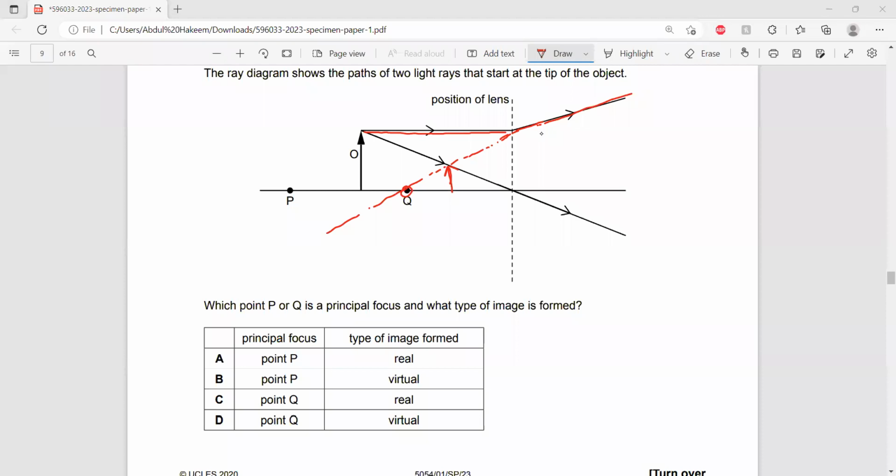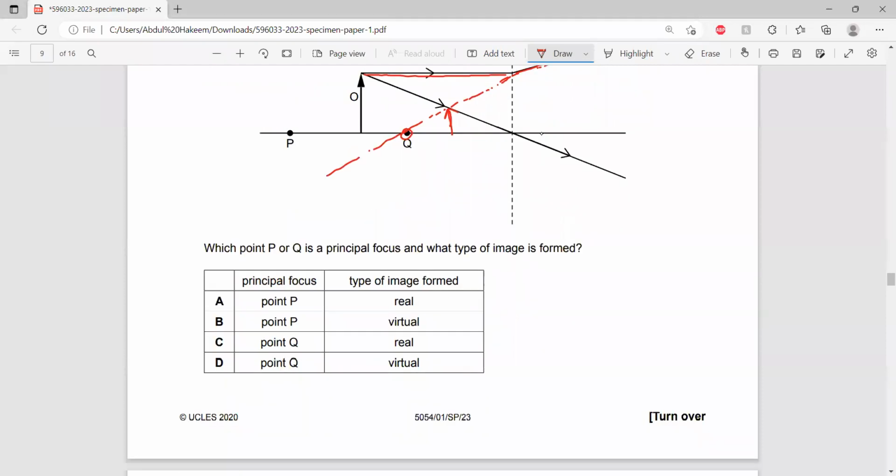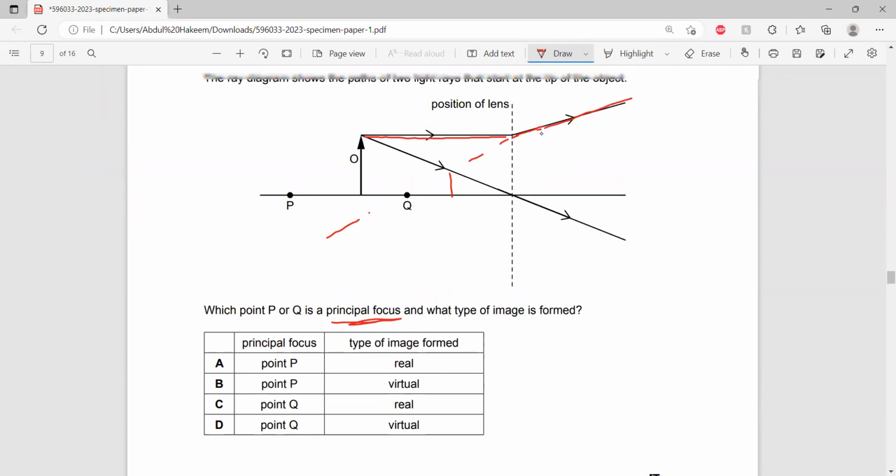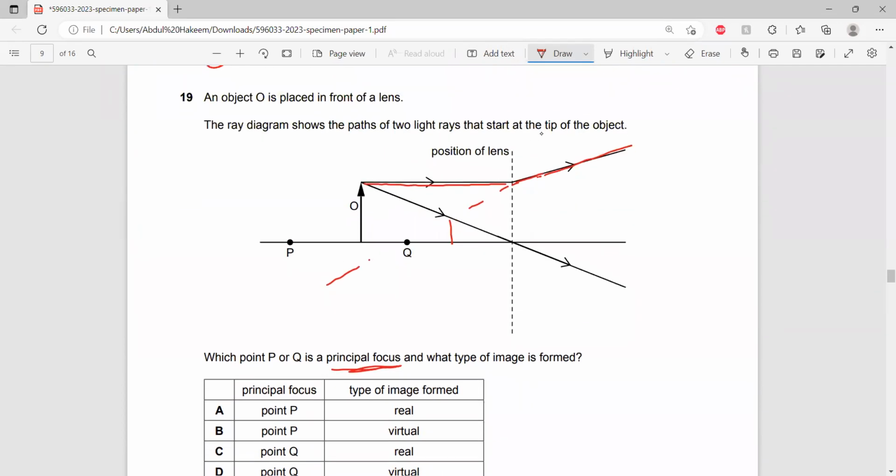Definitely virtual image. But the principal focus is P or Q. You have to decide this. Is this a straight line, this one? When we join this, is this a straight line? No, this is not a straight line. We have to use a scale. So when this light ray is drawn with the scale, it will be passing through this point. Look at this.